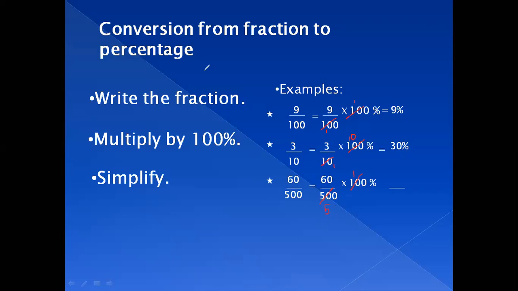So now 60 upon 5 is left and we can reduce it further with the table of 5. So 5 ones are 5 and 5 twelves are 60. So the answer is 12%.